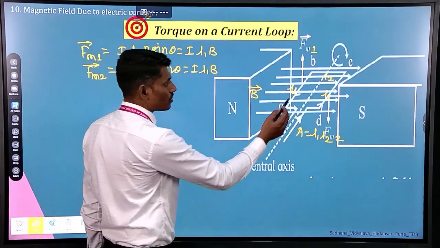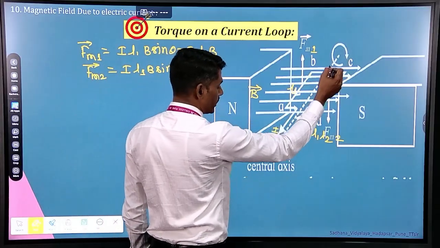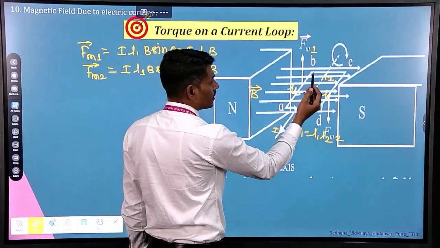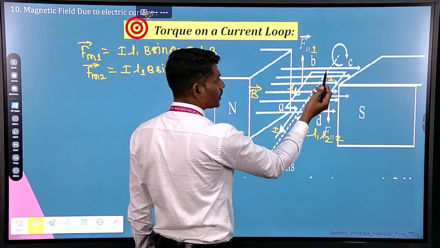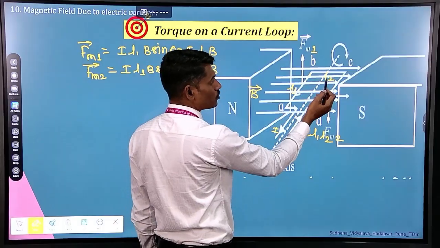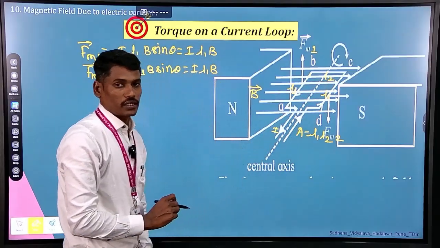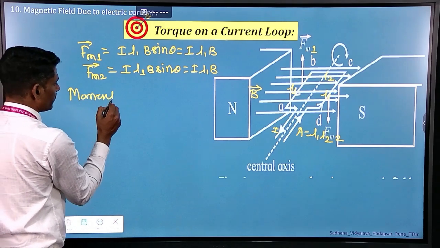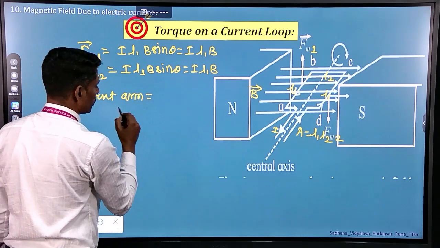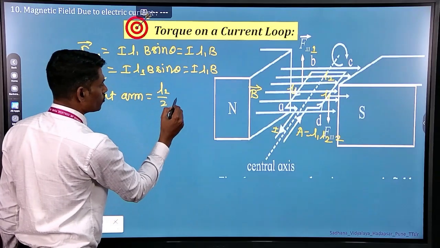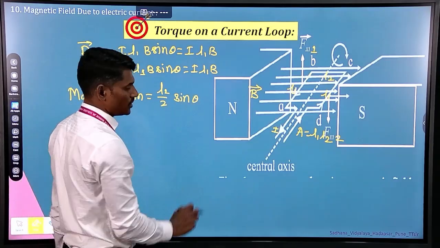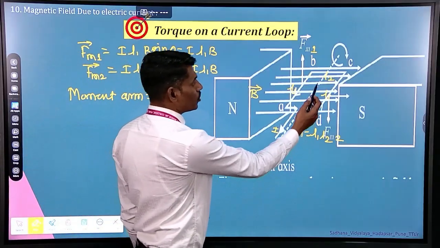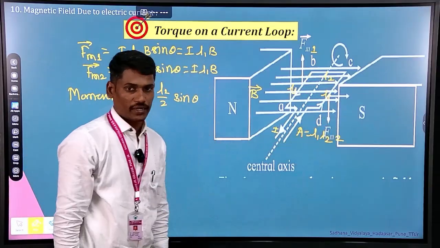So, how much is the moment arm here? Here this current carrying loop is rotating about this central axis, right. The distance from point B to the central axis is L2 upon 2. Here the moment arm is equal to L2 upon 2 into sin theta, right. What is theta here? Theta is the angle between the current loop and the direction of magnetic field, right.